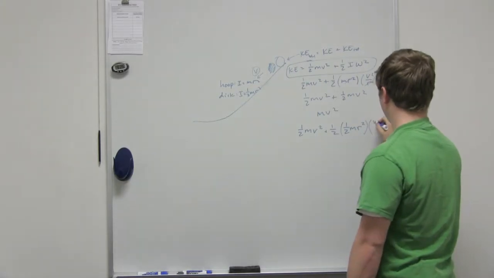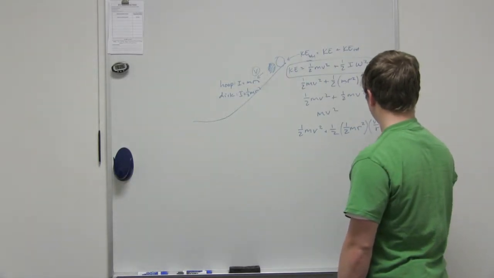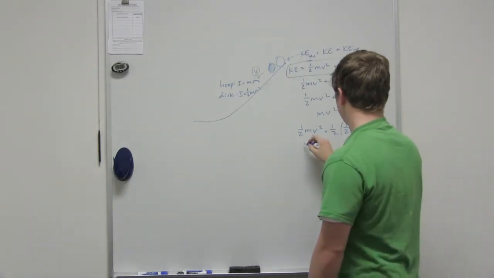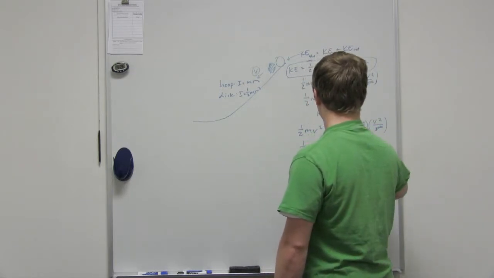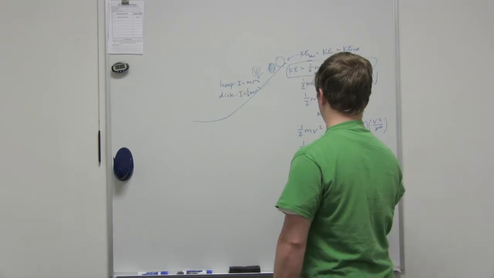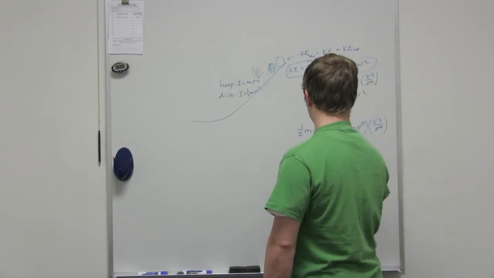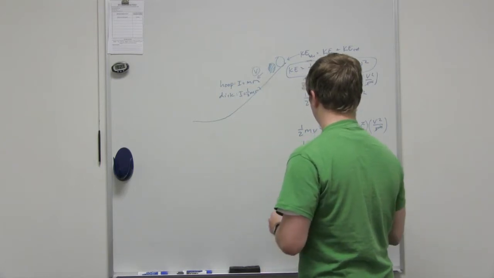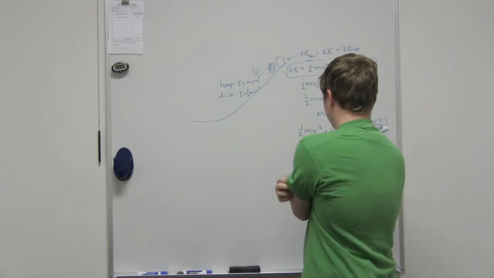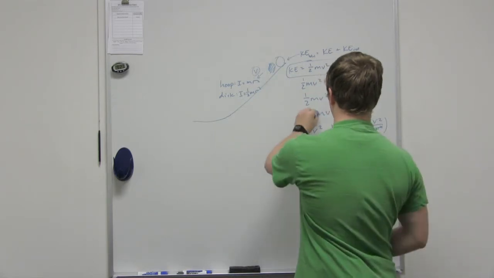You get 1/2 mv squared plus 1/2 times 1/2, so 1/4 mv squared. Add them up and you get 3/4 mv squared. This is for the disc, and this is for the hoop.